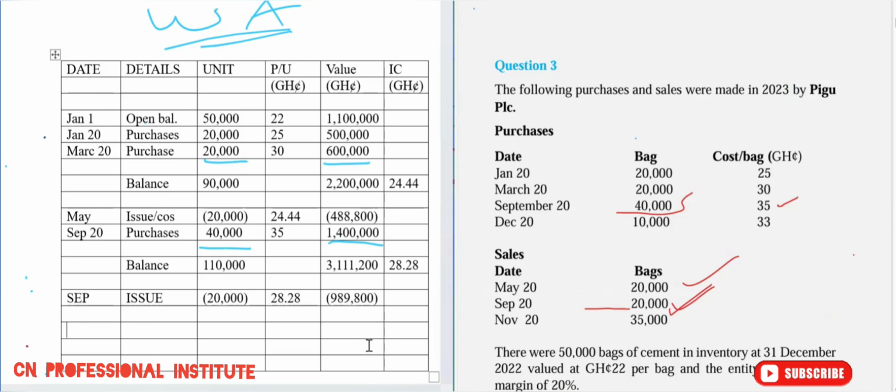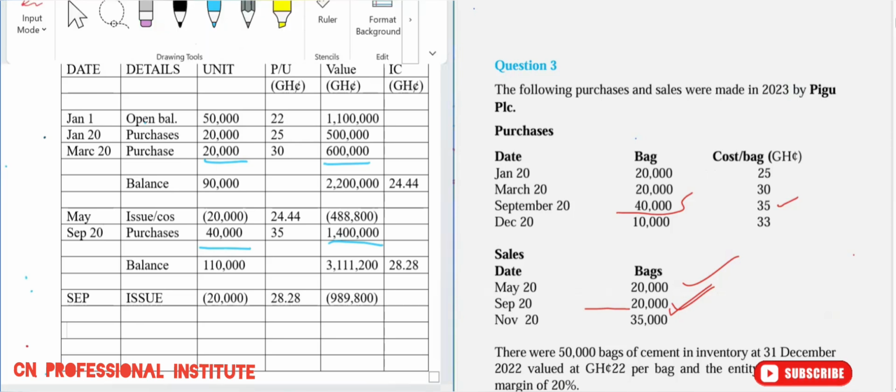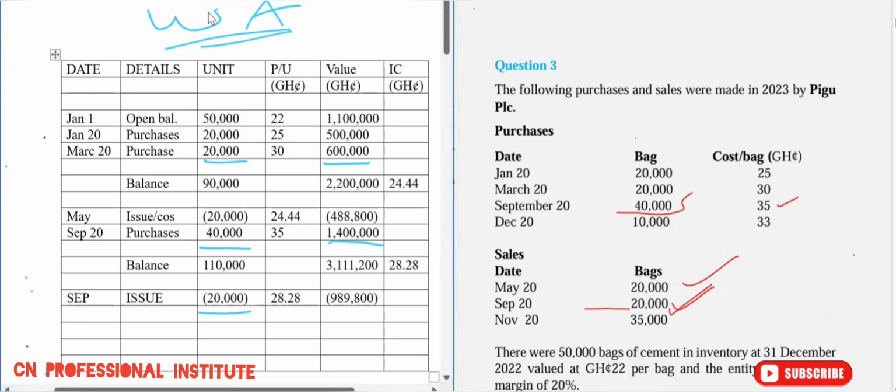Okay, then we'll go to November first. November there was an issue, right? So even before the issue, we can try and get the issue price. So let's underline here and here. So what quantities will be left here?